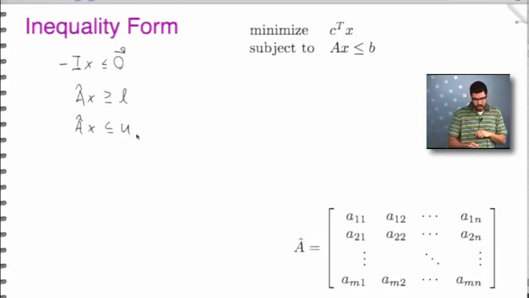All right, and of course this one has the greater than or equal to, so we want that to be less than or equal to, so it's in the form that we can put it together.